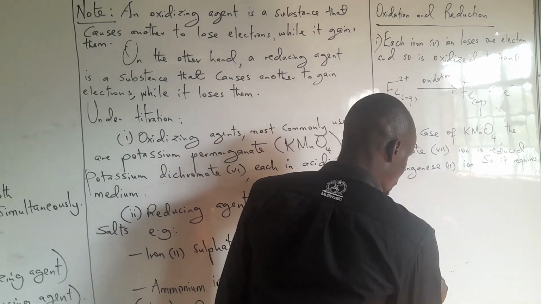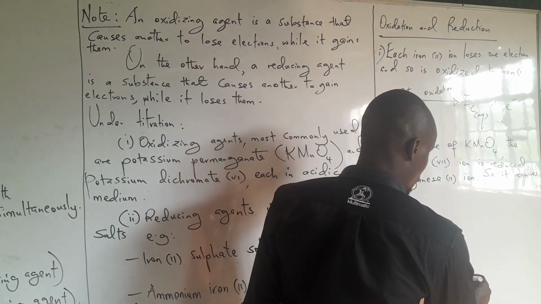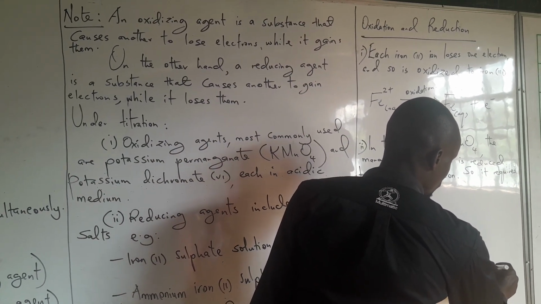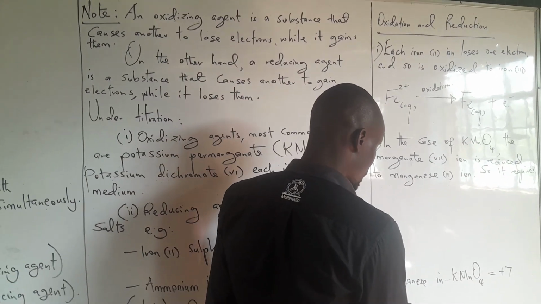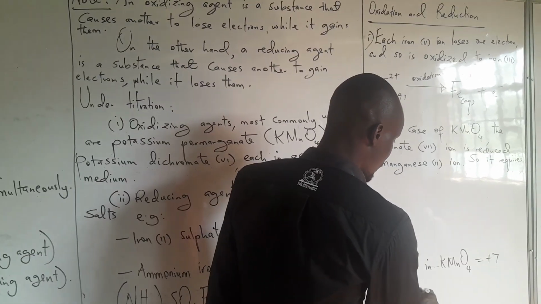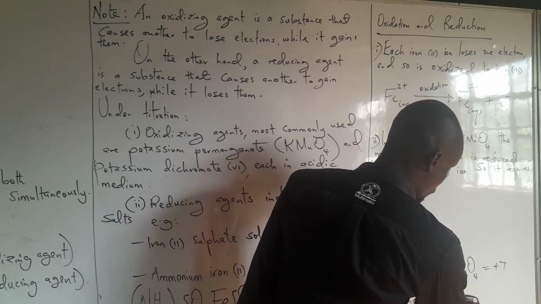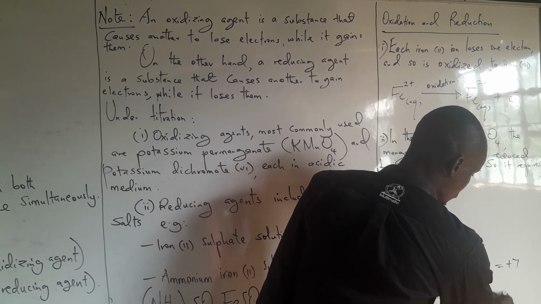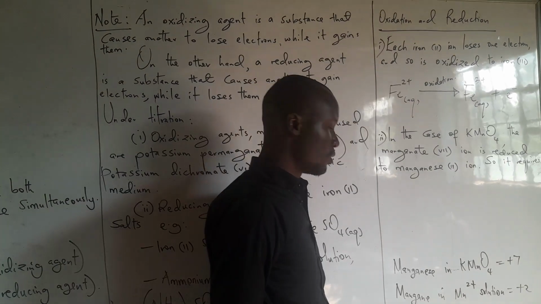Can you note down this one? The oxidation number of manganese in potassium permanganate is positive 7. The oxidation number of manganese in manganese(II) solution is positive 2.